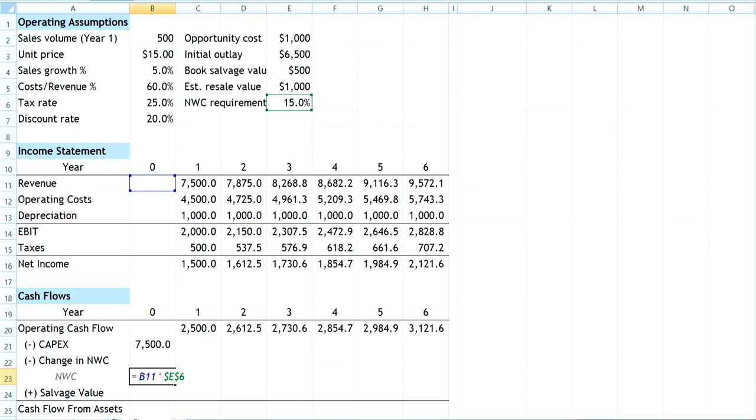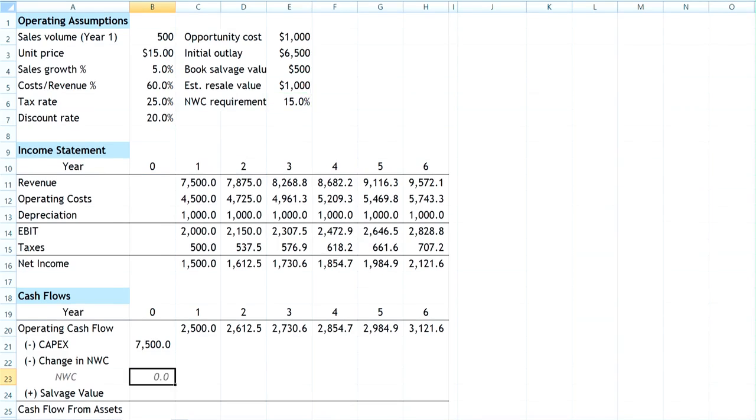Next, we want to calculate the change in net working capital. But to calculate changes, we need to get year-by-year net working capital first. In cell B23, we calculate the required net working capital in year 0, which should be calculated as revenue in that year times net working capital requirement rate, which was 15%, as you can see in the assumption table.